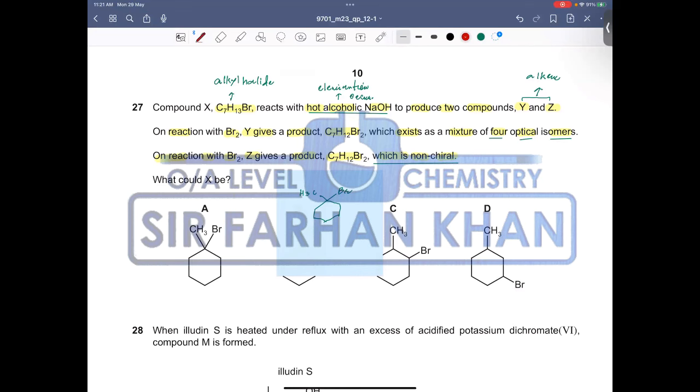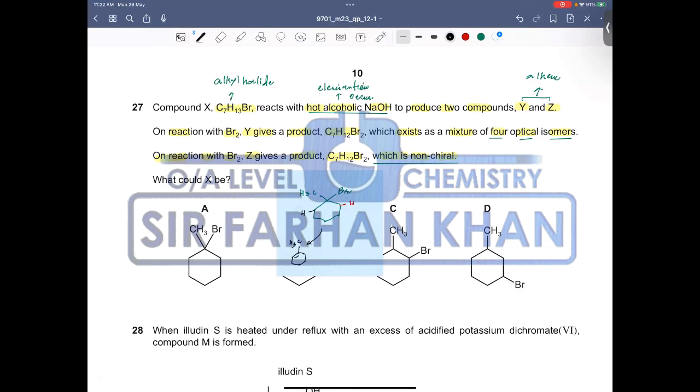Now, elimination takes place from the hydrogen of the adjacent carbon atom, according to my lecture. This is your adjacent carbon atom, and this is also an adjacent carbon atom. So elimination takes place either from this or from this. Let's make both. Now this CH3 will remain as it is, and this is going to be your double bond.